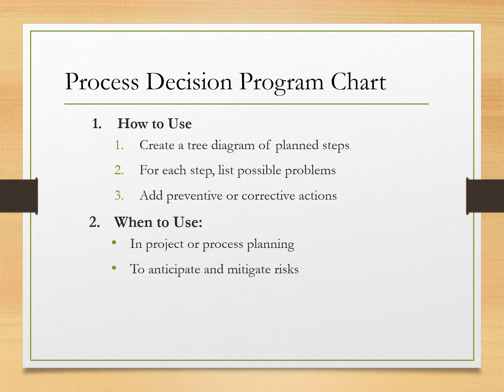To create a process decision program chart, we start by mapping out our plan in a simple tree diagram, and then for each step, ask what could go wrong and list every possible problem. Next, add the preventative or corrective actions, how to stop the issue or respond if it happens.